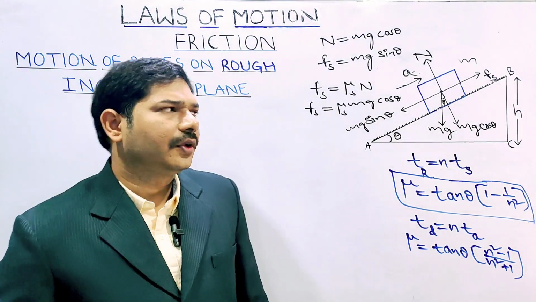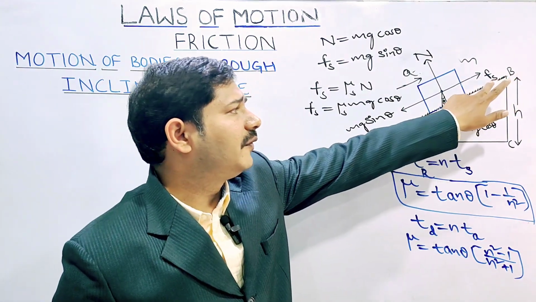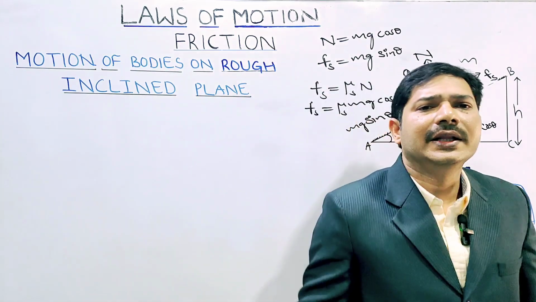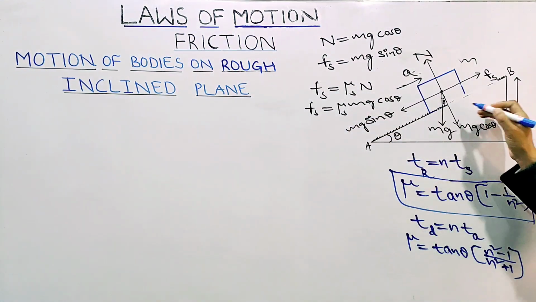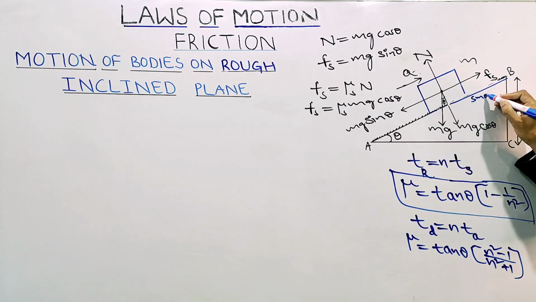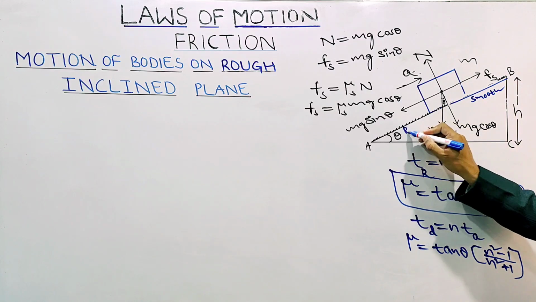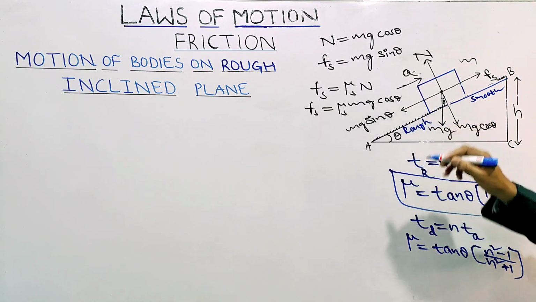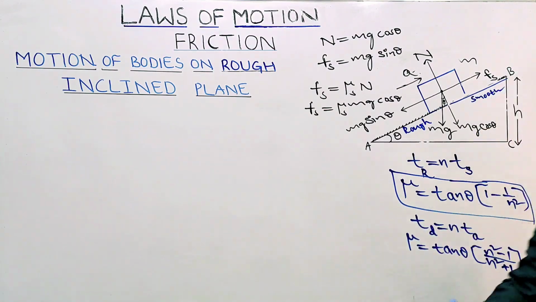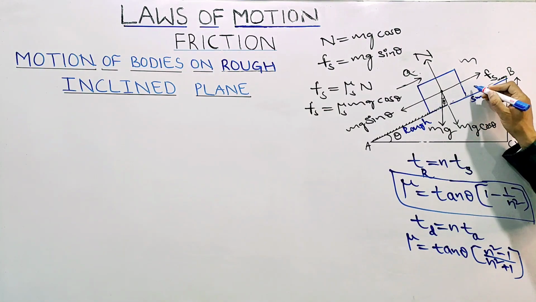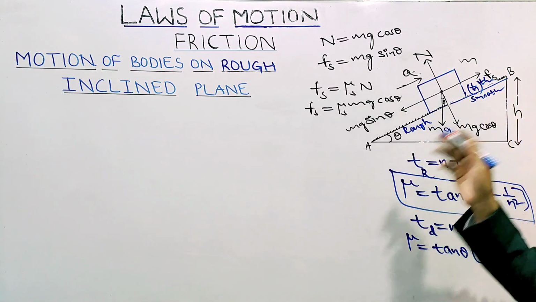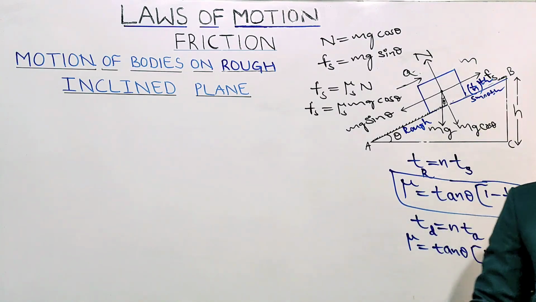Another case is there. For example, the first part, not exactly half, the 1 by nth part, is smooth inclined plane, and the remaining part is rough inclined plane. So on one inclined plane only, 1 by nth of the part is smooth and the rest of the part is rough.